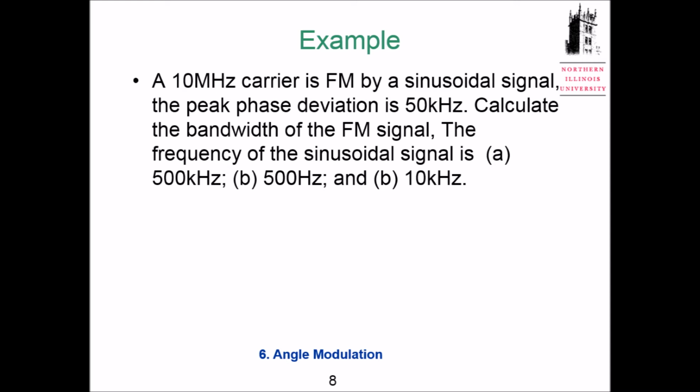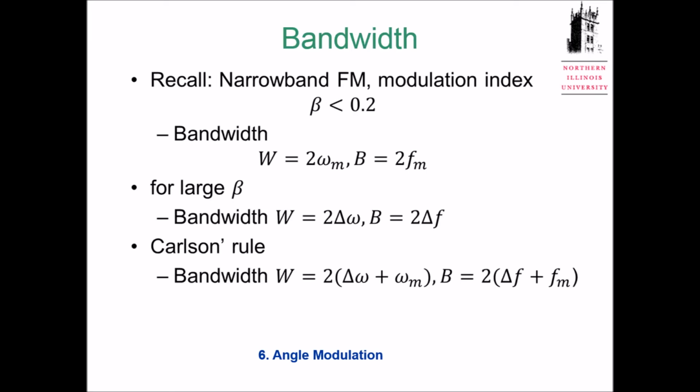Then we want to find my bandwidth for three different conditions. We should use the equations that I just showed in the previous slide. Which one we choose depends on how big or how small your beta is. So we always have to find beta. Step one, always find beta.